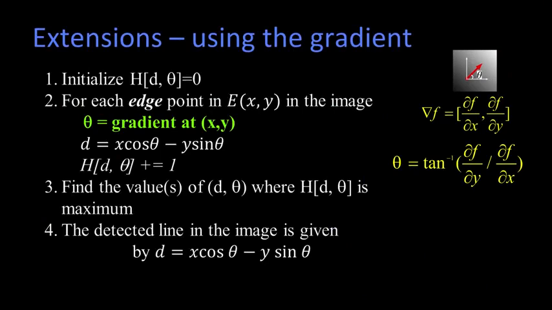To conclude this lesson, I want to talk about a couple of extensions to the Hough transform. And some of these extensions are going to carry over both to the next lesson and the one after. By far, the extension that people leverage the most is the one shown here using the gradient. You'll notice that our algorithm is almost exactly the same.